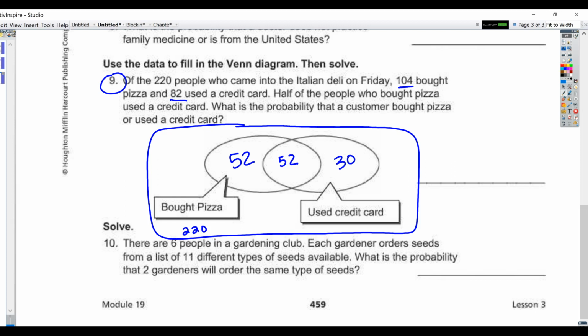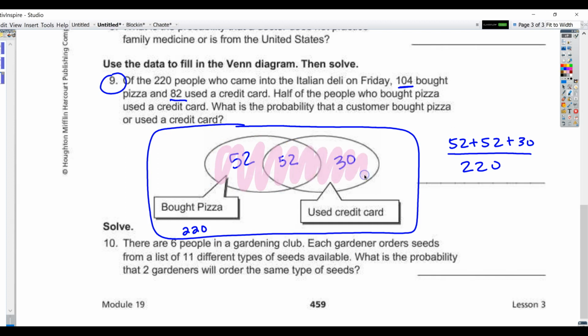So the probability would be... is it 30 over 220? It'd be 52 plus 52 plus 30. Is that what y'all got? Don't you have to subtract the... Not when you're looking at it like this. Let me show it the other way. So I would do 52, wait, well, no, because it says or use your credit card. So really, aren't I looking for this sample space?